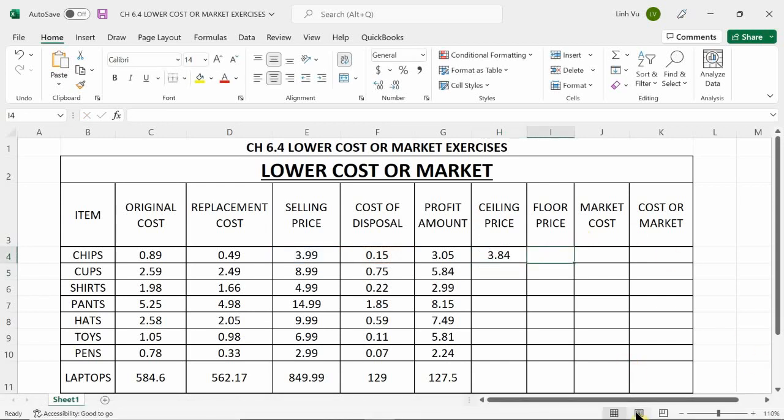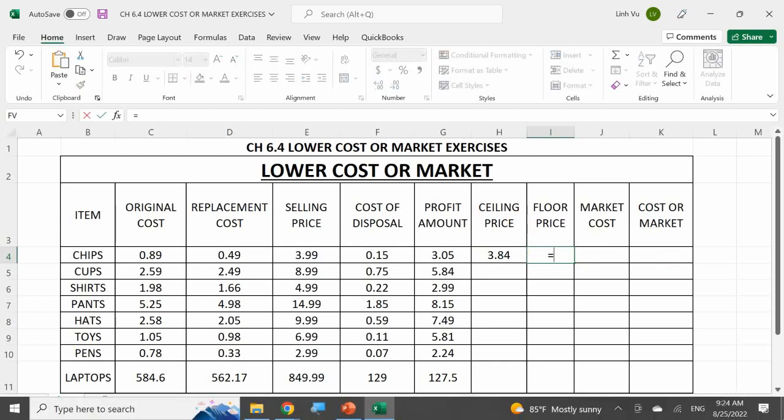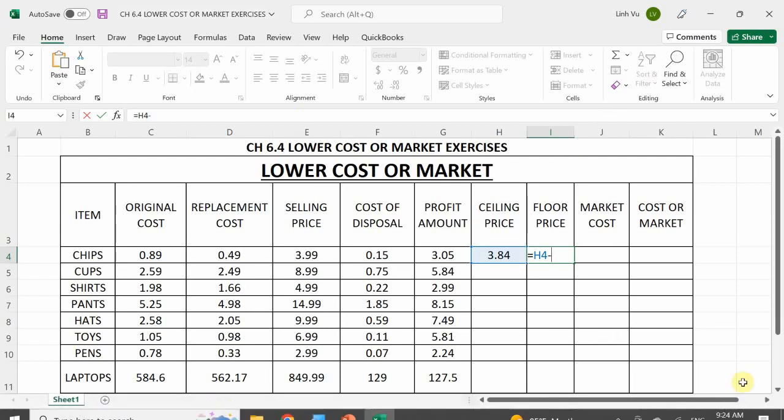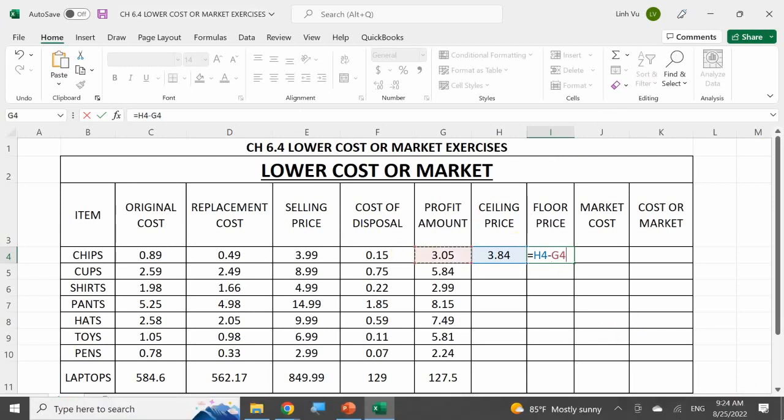Okay? $3.84 is my ceiling price, minus the profit. My floor is going to be my ceiling minus the amount of profit of $3.05.